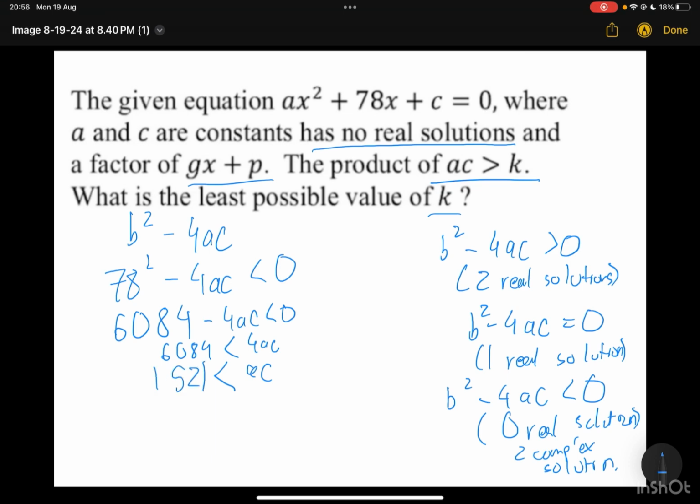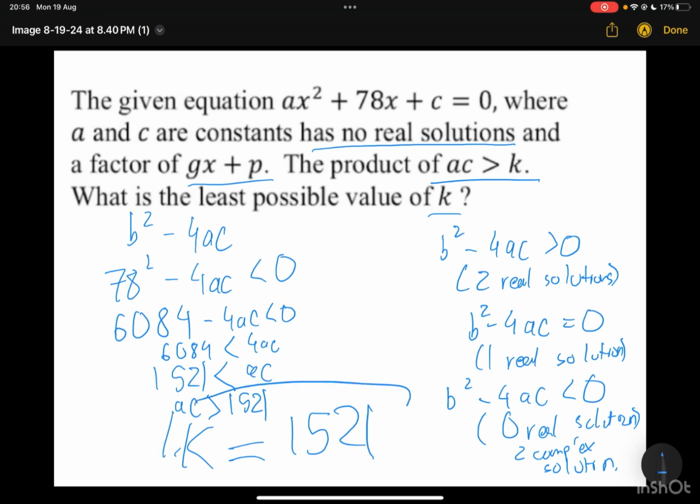It says the product of ac is greater than k. So the least possible value of k, I'm going to write this again: ac greater than 1521, which is the least value. So k is going to be equal to 1521, which is the answer.